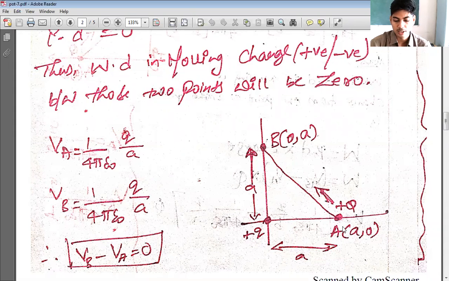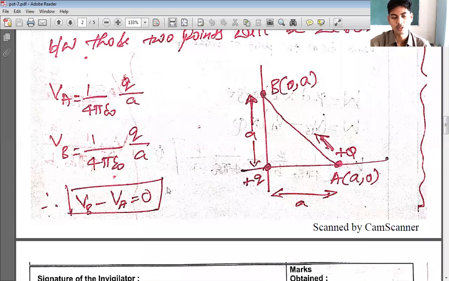If you have to write the potential at point A due to the source charge, VA is equal to 1 by 4 pi epsilon Q by A. Potential at point B due to this source charge, VB, is equal to 1 by 4 pi epsilon Q by A. If we calculate the potential difference between these 2 points, VB minus VA, VB is 1 by 4 pi epsilon Q by A, VA is also 1 by 4 pi epsilon Q by A, so the potential difference between those 2 points will be 0.